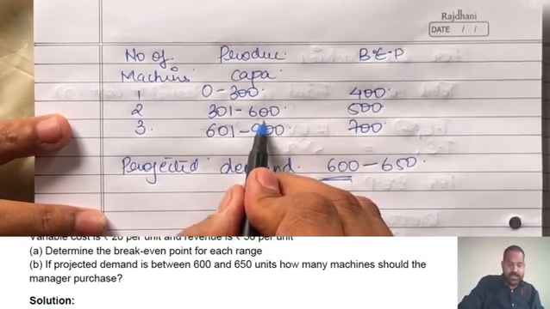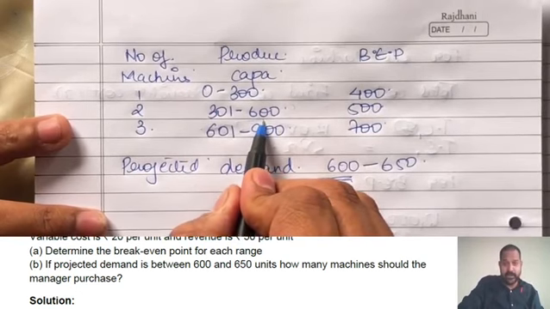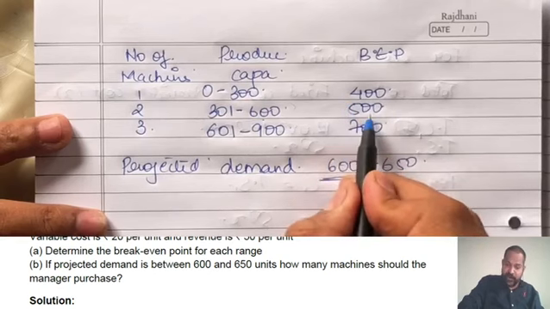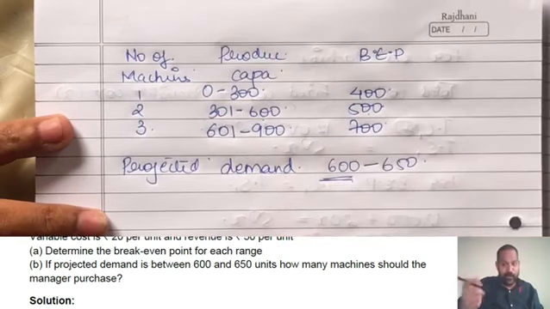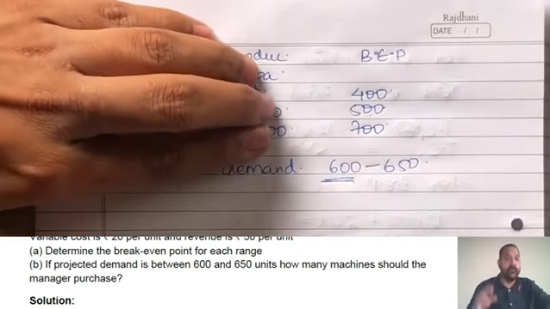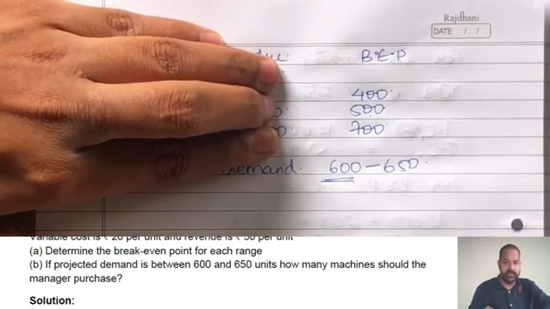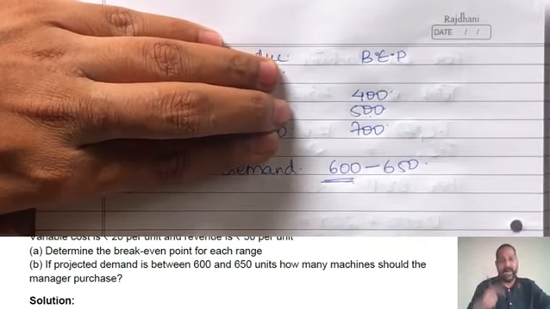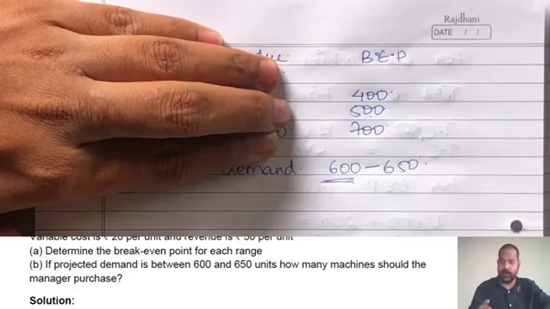Because 2 machines can produce 600, and since the break-even is at 500, won't that be profit? So what about 1 machine? If you produce 600 units in 1 machine, it will be profit because the break-even is at 400 units. Anything more than 400 will be profit.